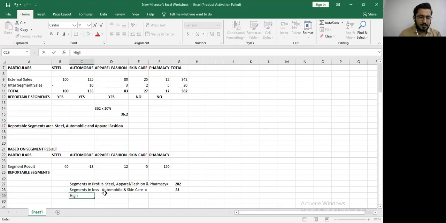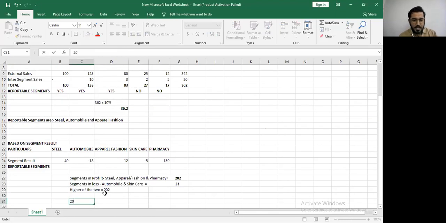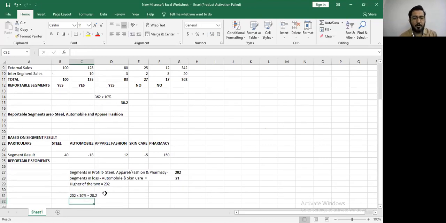You will select the higher of the two, which comes to 202. Then we take 202 into 10%, which will be 20.2. So our criteria now is 20.2.